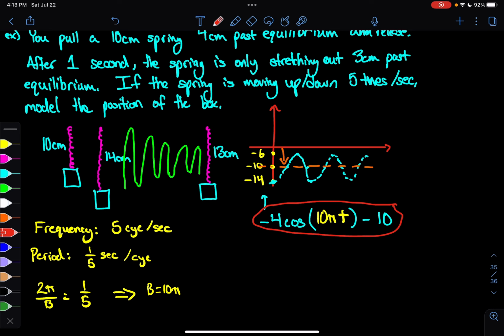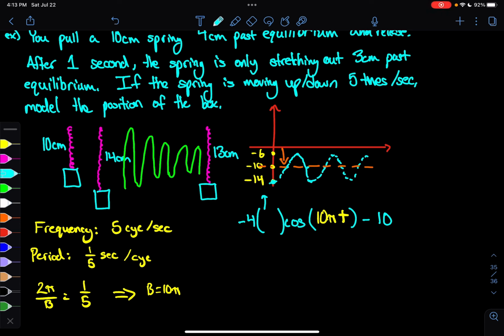Okay, so what I'm going to do is interject something here. I'm going to erase that minus 4 and put it way out in the front right here, minus 4. And I'm going to put something in the middle here that is going to cause our amplitude to decline.